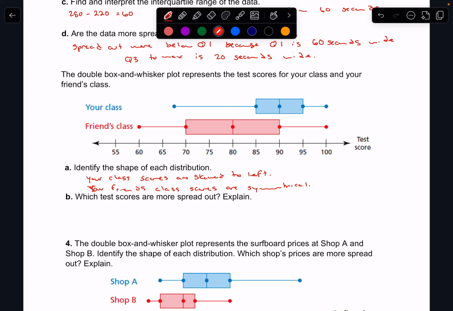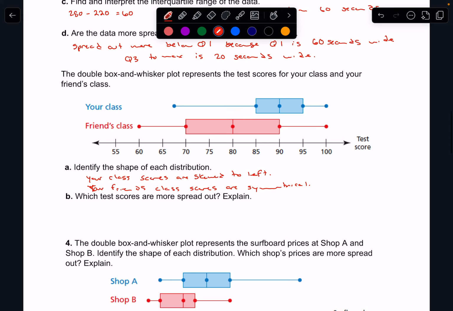Your friend's class goes from 60 to 100. So your friend's class's scores are more spread out since the boxes and whiskers are wider.